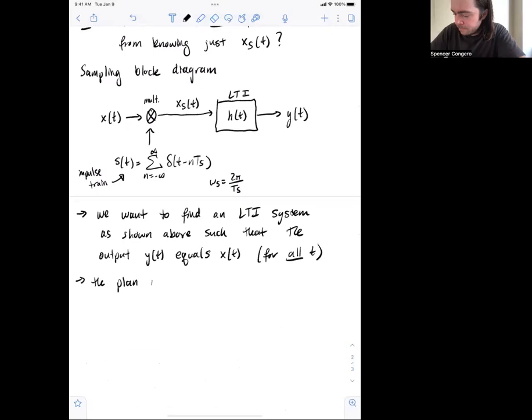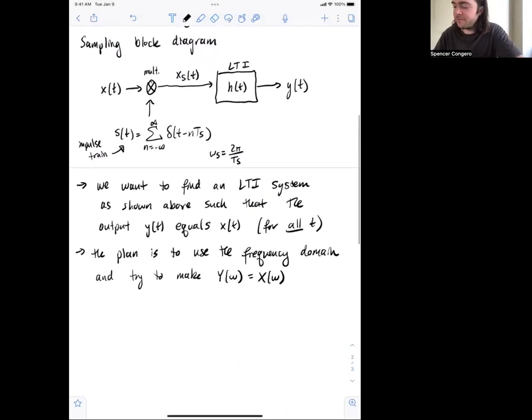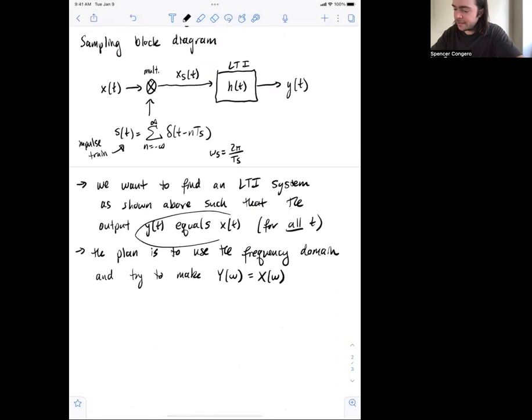And what's the plan? The plan is to use the frequency domain, actually. We want to use the frequency domain and try to make y of omega equal x of omega. Because of course, if the Fourier transforms are equal, then the time signals are also equal. So I'll just write that, which is equivalent to y of t equals x of t.